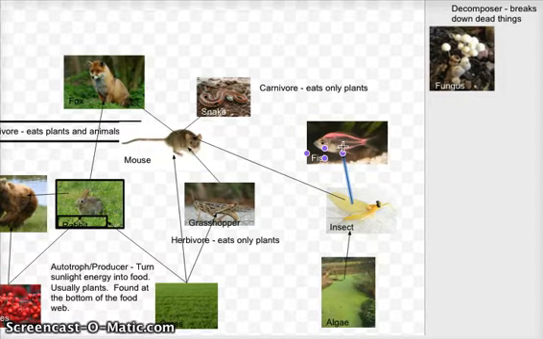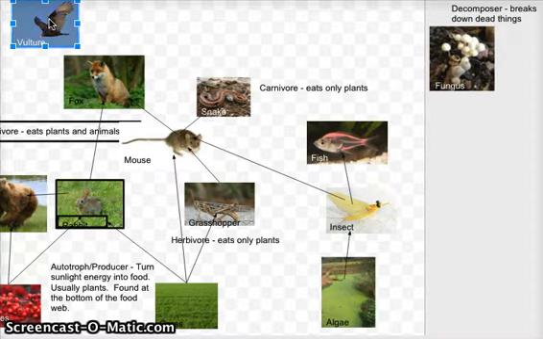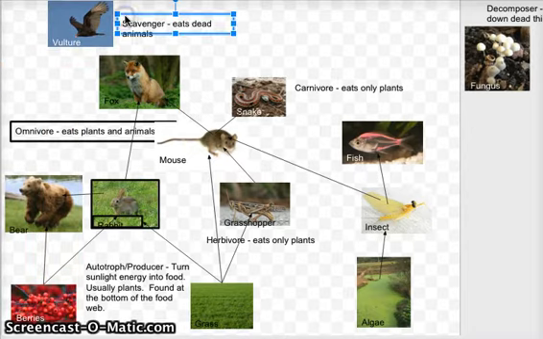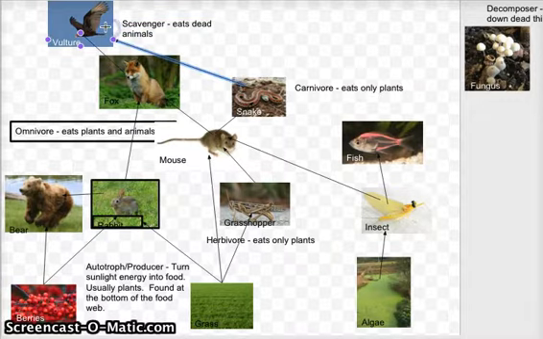Now we've got a few more types of organisms to put in here. We have scavengers, like a vulture. You've seen vultures on the side of the road eating dead animals, and scavengers eat animals that are already dead. They can have arrows coming from really any animal because they eat animals that are already dead.